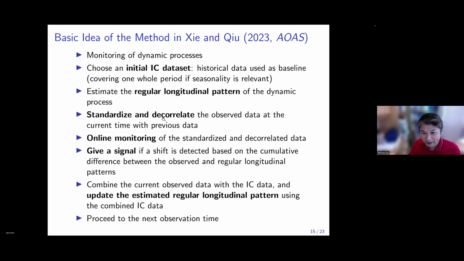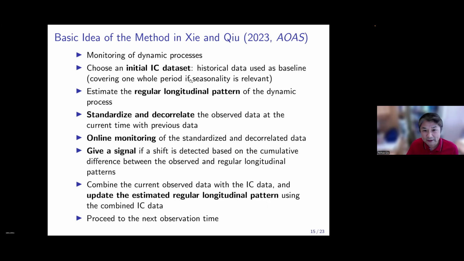And then we do the data decorrelation again, decorrelating the standardized data at the current time point with all previous data. And then we apply a control chart to the standardized and decorrelated data, and give a signal if a shift is detected. Otherwise, combine the current observation with the in-control data and update the estimated regular longitudinal pattern using the combined in-control data, and then proceed to the next observation time.